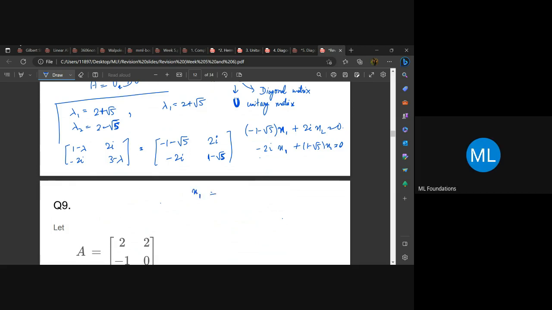So you get x1 to be minus 2i by minus 1 minus root 5 x2. Right? Yes, ma'am, and then you can rationalize the denominator. So 2i by 1 plus root 5 x2.